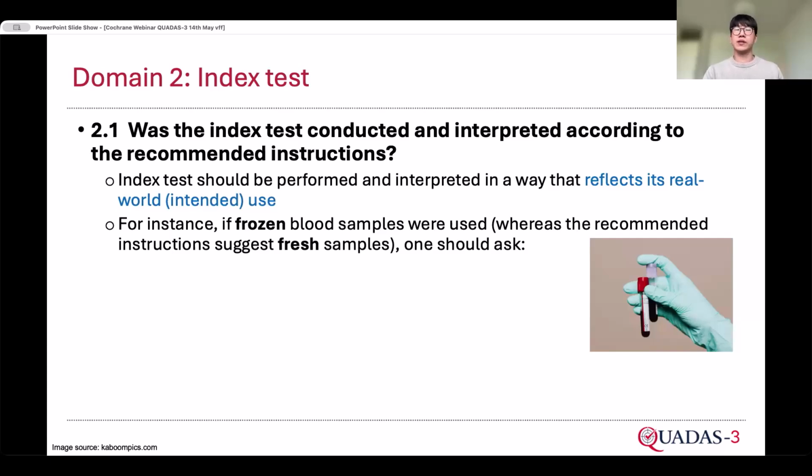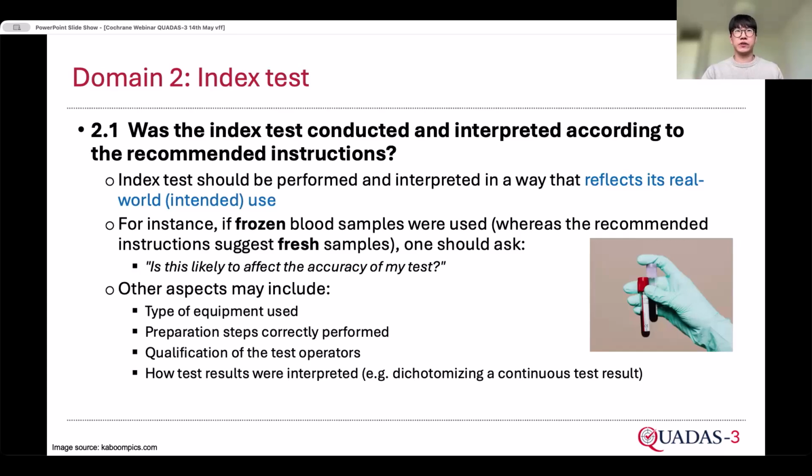However, in order to properly assess the risk of bias, you should also ask whether it is likely that this difference has actually affected the accuracy of your test. Maybe you have external evidence suggesting that it doesn't really matter whether you used fresh or frozen samples. In that case, you can answer this question as no, because they didn't use the recommended instructions, but maybe you can rate the risk of bias still as low instead of high.